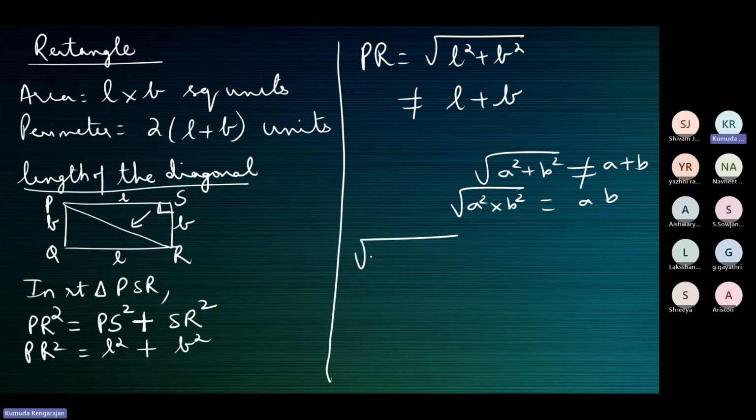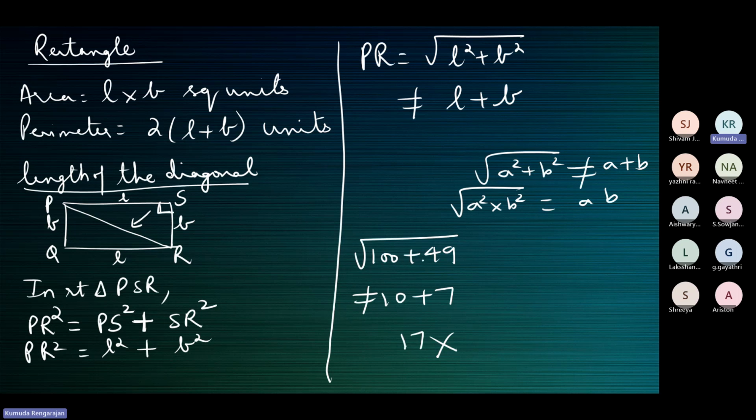If you have square root of 100 plus 49, it is not equal to square root of 100, which is 10, plus square root of 49, which is 7, so the answer is 17. This is wrong because you need to get the same answer both ways. What if we add?